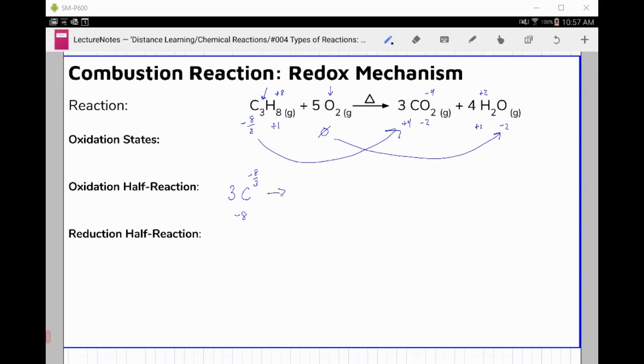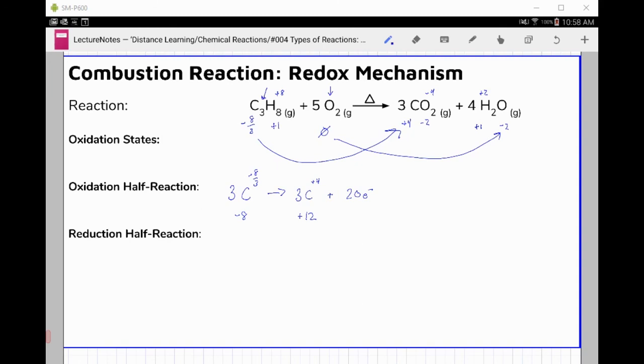At the end of this reaction, we have 3 carbon atoms, each of those having an oxidation state of +4 for a total of +12 as a product. In order to get from -8 to +12, those carbon atoms would have needed to release or lose 20 electrons over the course of the reaction. And remember, we're not totally losing them, we're not forming an ion, but rather it's donating these 20 electrons to the oxidizing agent. In this case, it's the oxygen molecule.